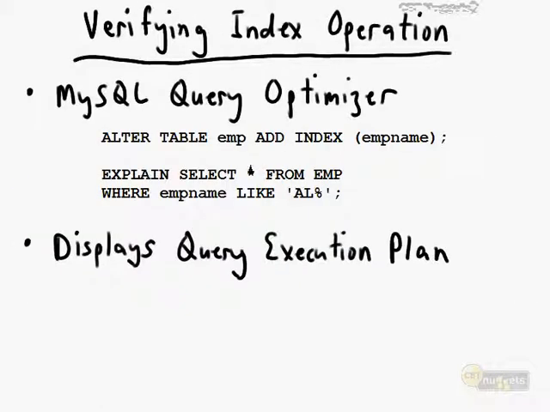Verifying index operation. The MySQL Query Optimizer is that component of MySQL Server that's responsible for efficiently returning query results. And it is hoped that the Query Optimizer will make intelligent use of any indexes that you've attached to the tables in question. Now, how can you tell if the Query Optimizer is working?